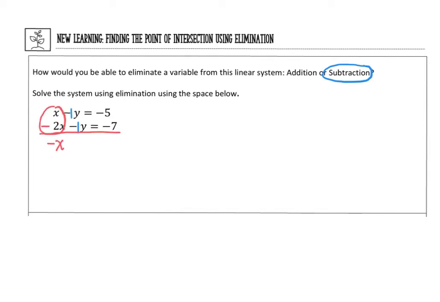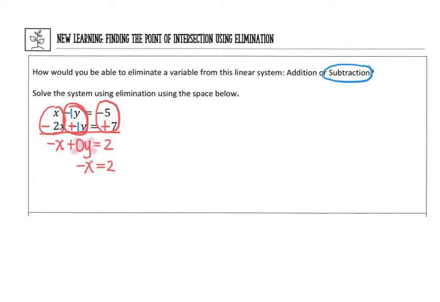And then we will do -y subtract -y, which is the same as -y plus y, or 0y. And finally, on the other side, we'll do -5 subtract -7, which is the same as -5 plus 7, and we will get +2.